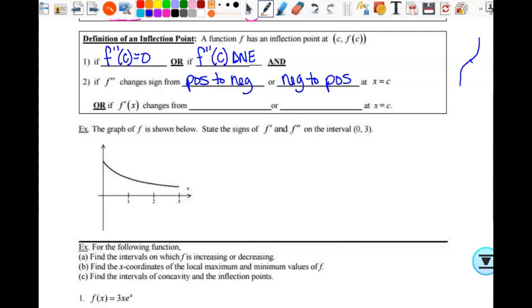So if f double prime changes from positive to negative, that's where the sign chart comes in. That's how we figured that out, right? Or if f prime changes from increasing to decreasing, or decreasing to increasing. Okay. Everybody okay with that?